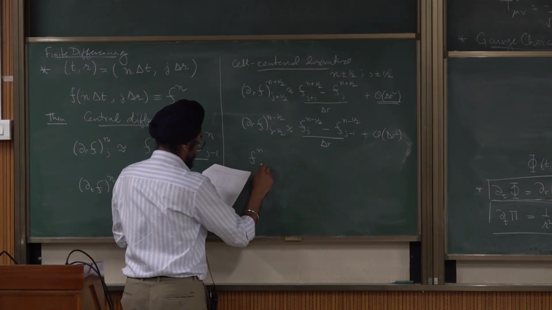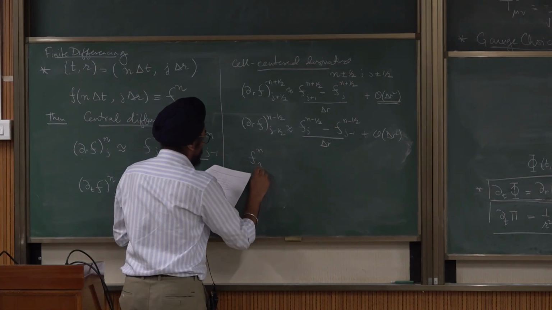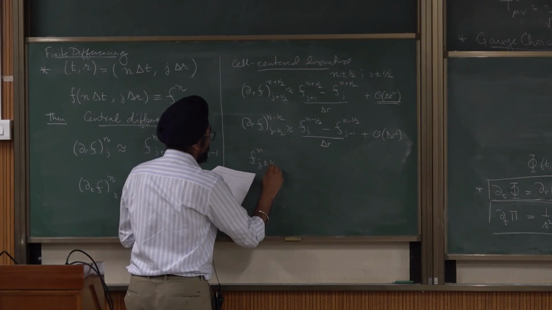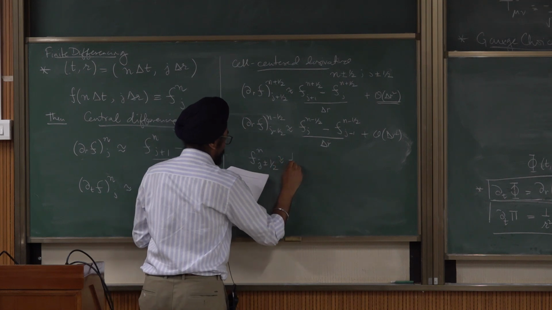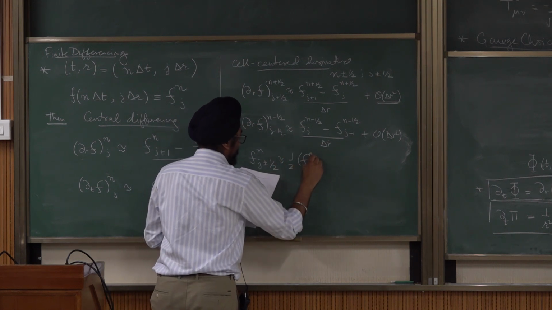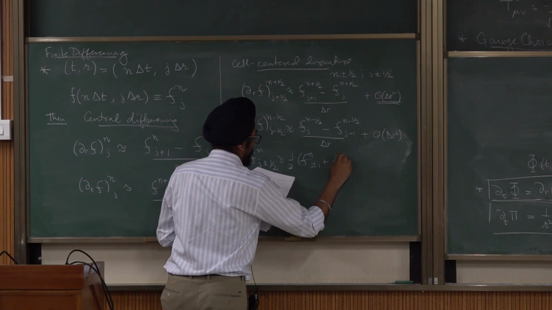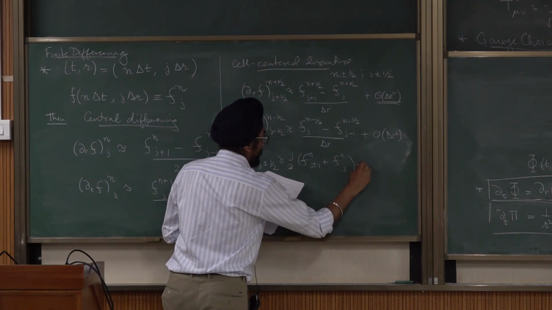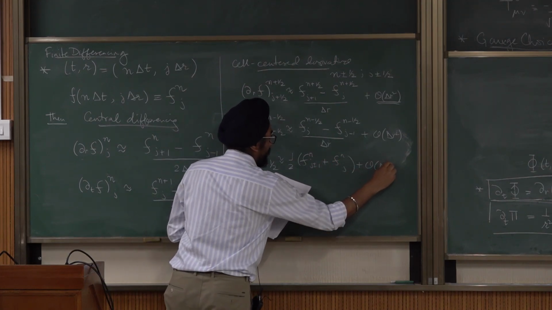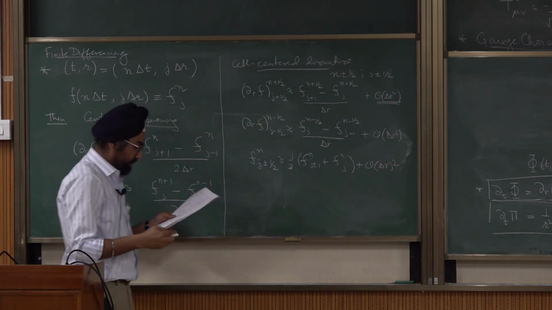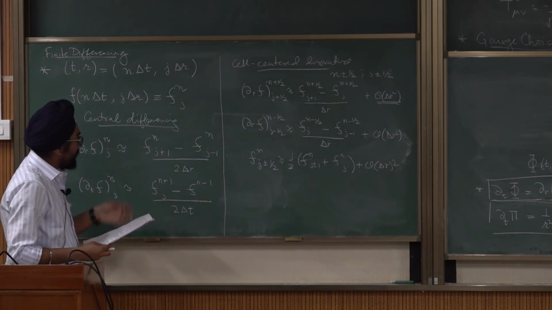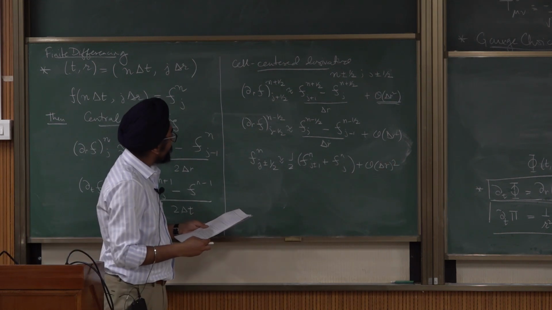So f n j plus minus half is half of f n j plus minus 1 plus f n j, over delta r square. So this is for this thing.